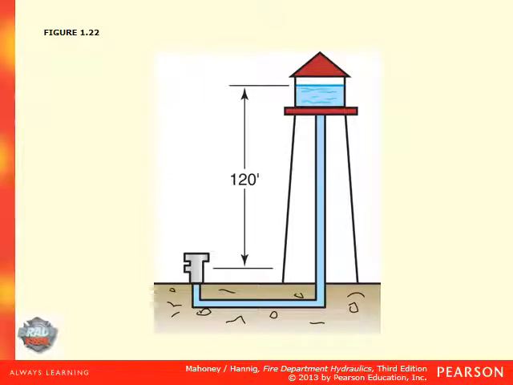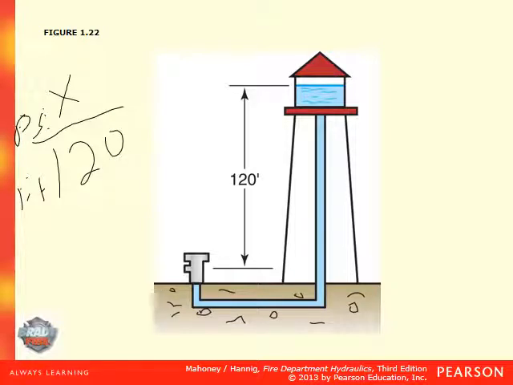Okay, so let's do our first math problem here. We have 120 feet, and we're trying to figure out the head pressure. Feet, pressure. We know that 0.5 pounds per square inch for every foot. So here is our cross multiplication.